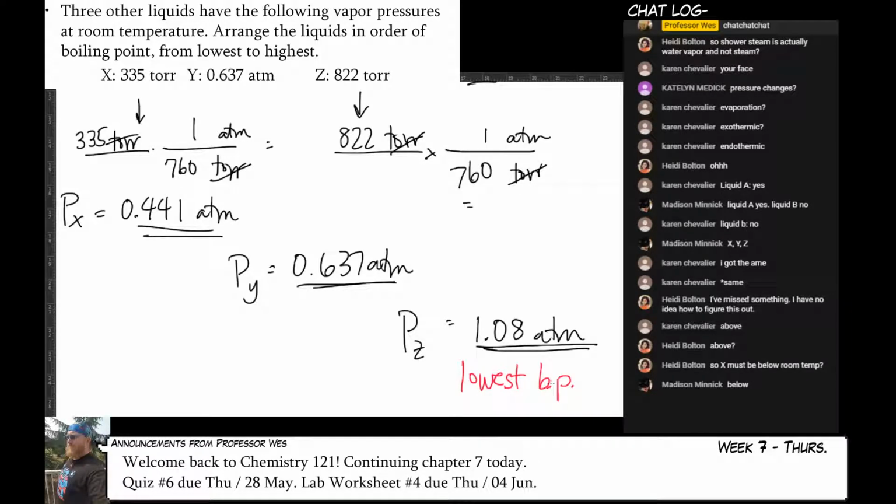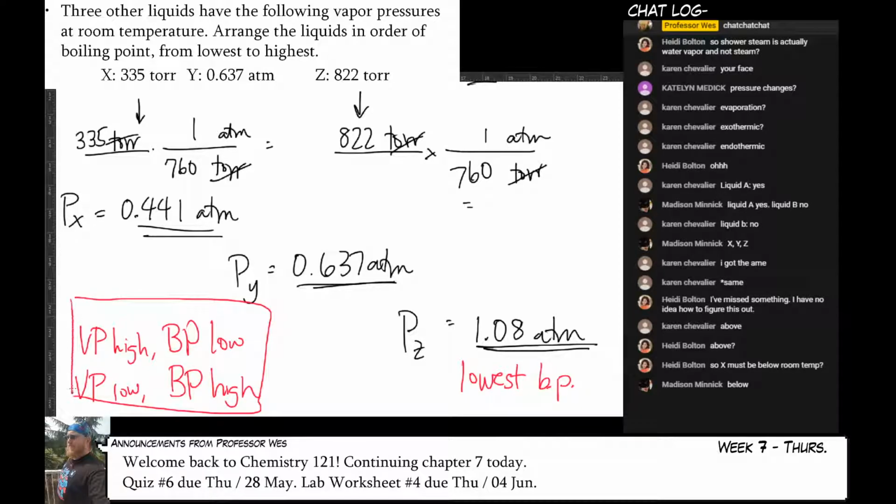Which one has the lowest vapor pressure? I guess we could write that down. So vapor pressure is low, boiling point is high. This is probably the words you were looking for, which I'd said, but I didn't put it in such short and concise language.